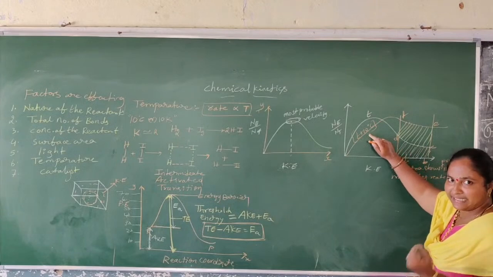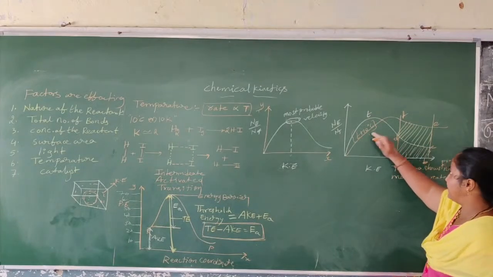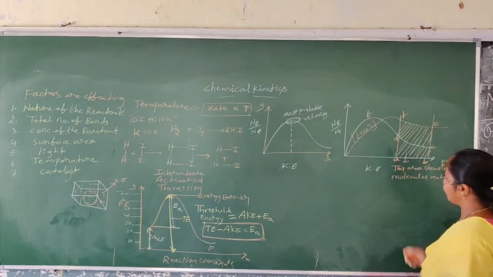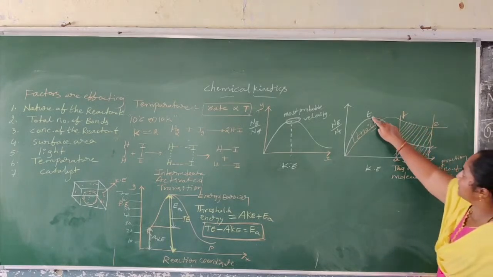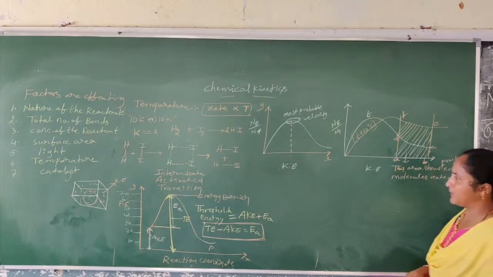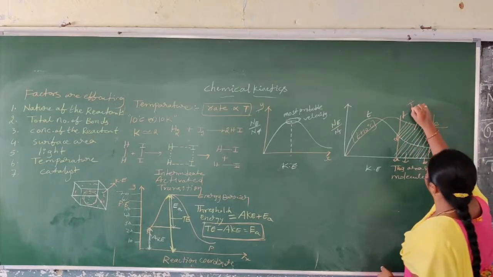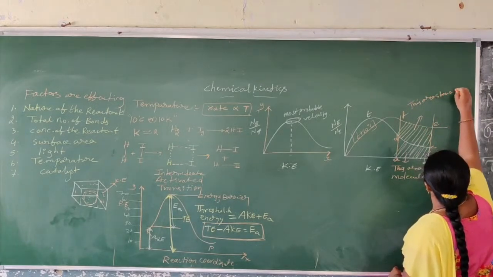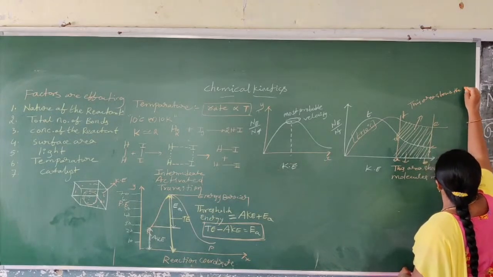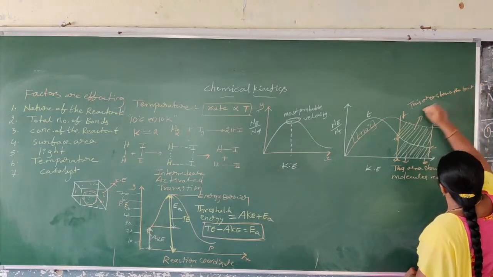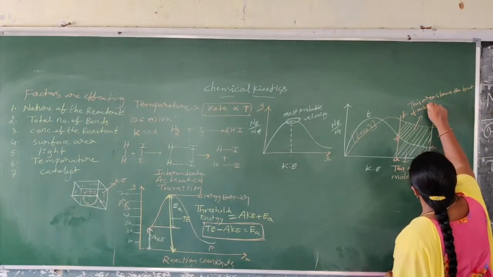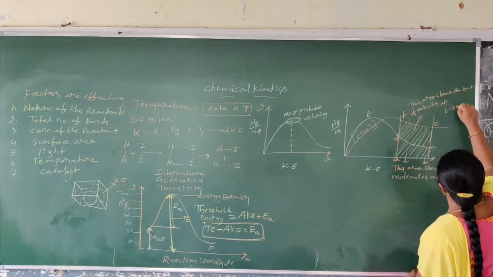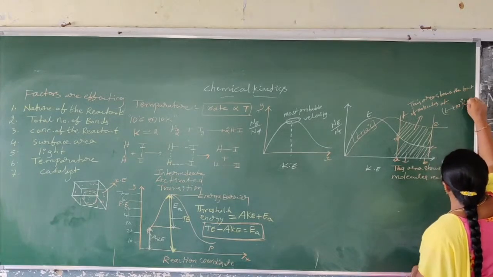If we are increasing the temperature by 10 degrees or 10 kelvins, the number of molecules involved in the rate of reaction is more compared with that at T temperature. This area shows the fraction of additional molecules reacted at T plus 10 degrees centigrade.